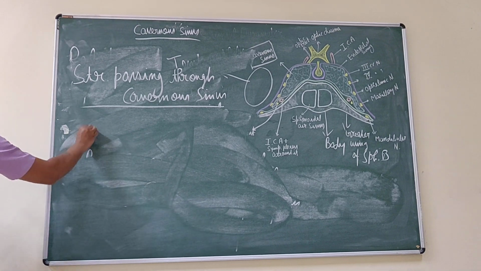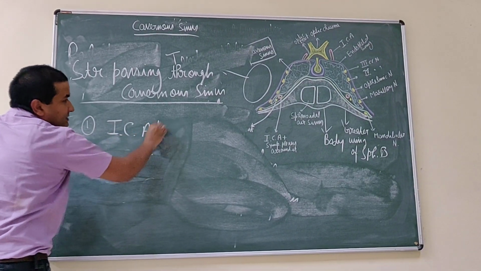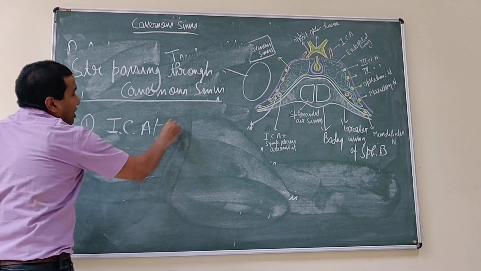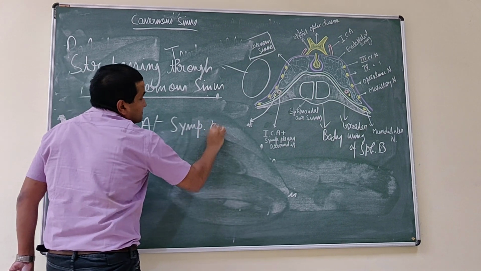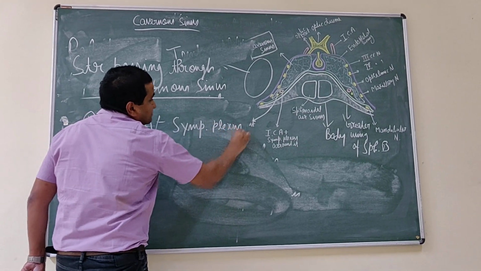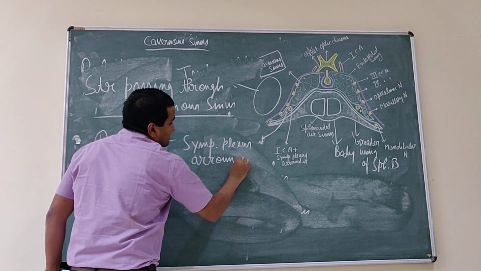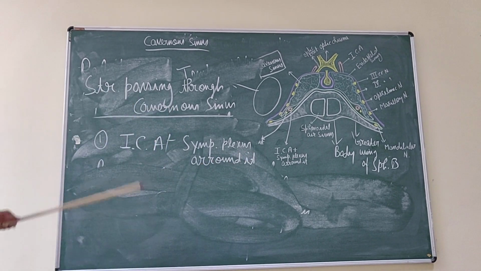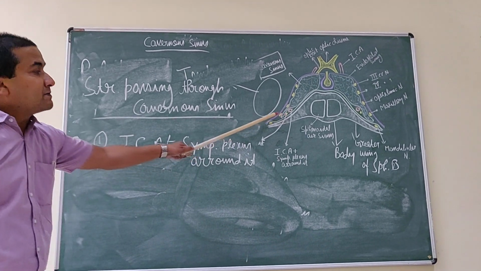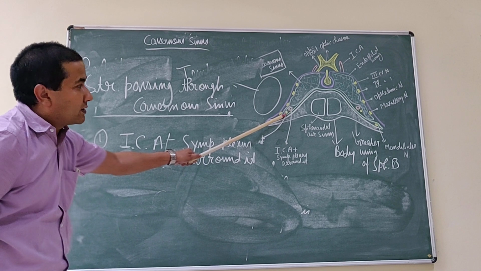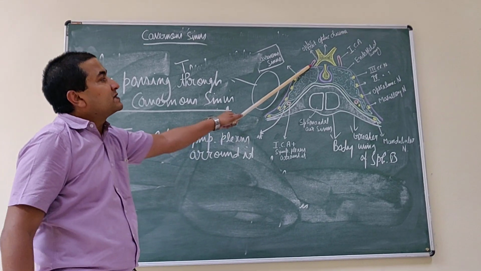One is the internal carotid artery plus the sympathetic plexus around it. This internal carotid artery enters the cavernous sinus by piercing its floor, while it leaves the cavernous sinus by piercing its roof.